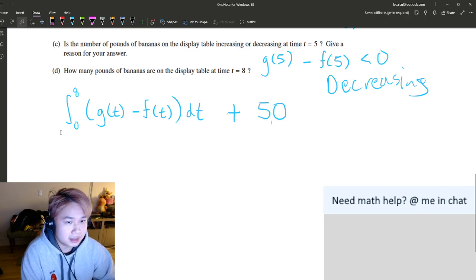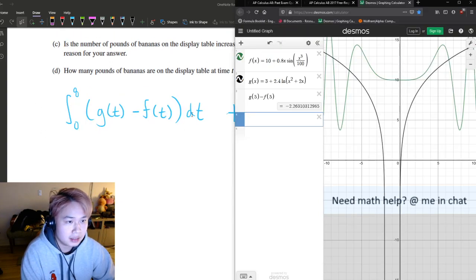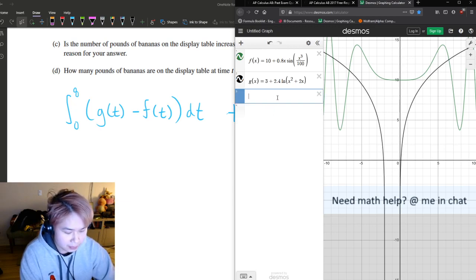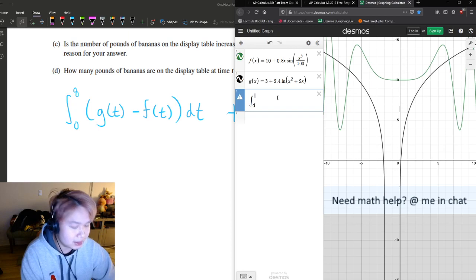And then just take the integral of this stuff. So again, calculator. So integral from 0 to 8 of g of t minus f of t dt.